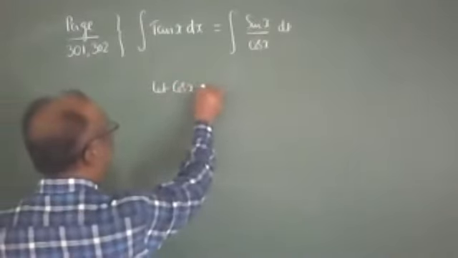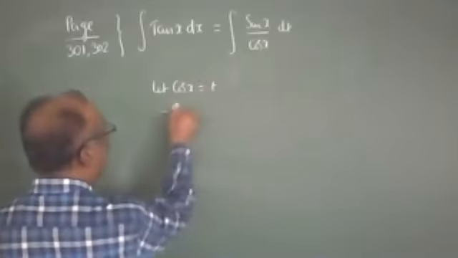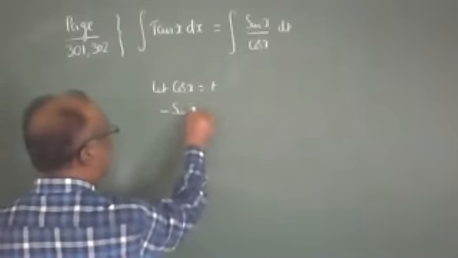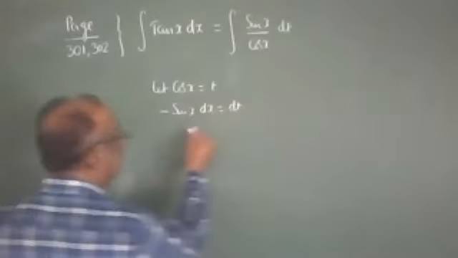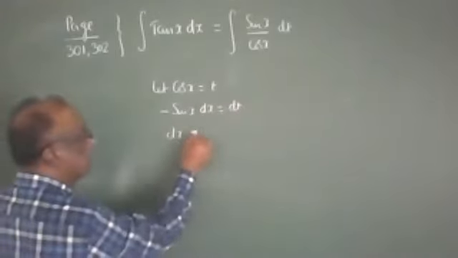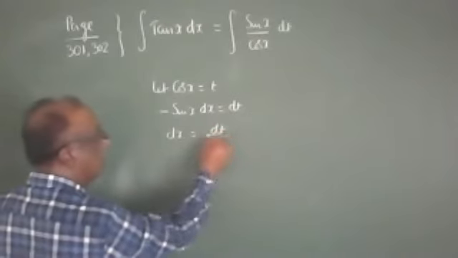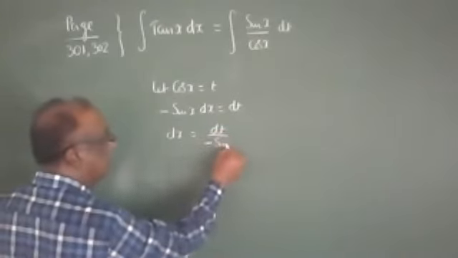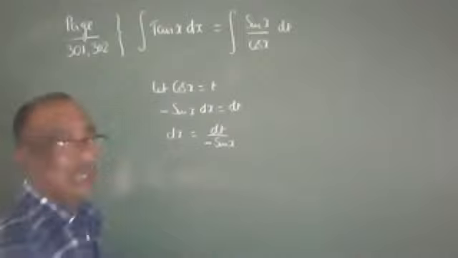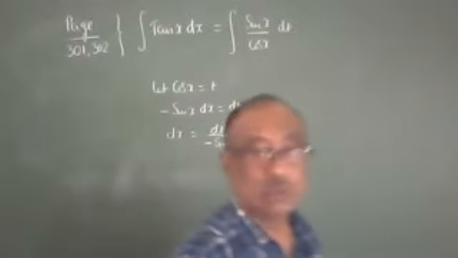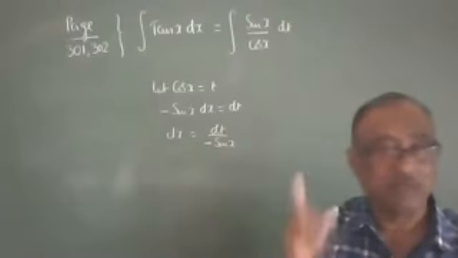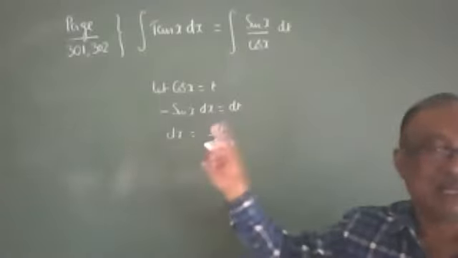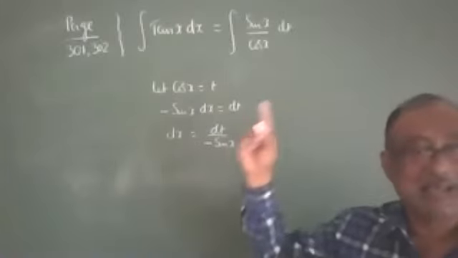Then minus sin x into dx is dt, therefore dx is equal to dt by minus sin x. Generally, when both have derivatives of each other, we should give preference to the denominator to be t.